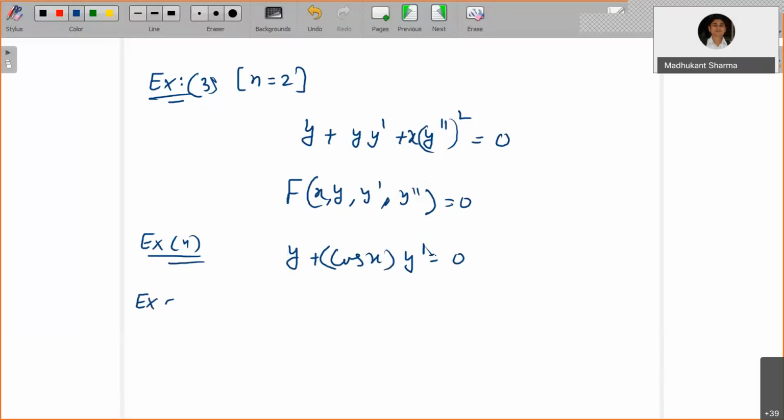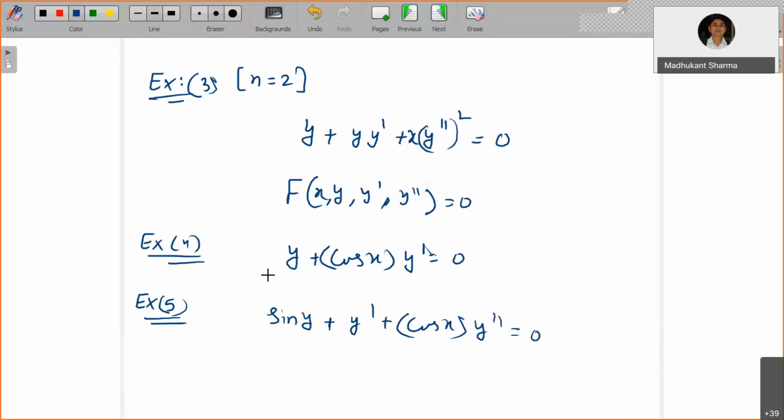Now let me take a trigonometric function of y: sine y plus y dash plus cos x times y double dash equals to 0. This is also a differential equation, a function of x, y, y dash and y double dash. This is also a second order differential equation.